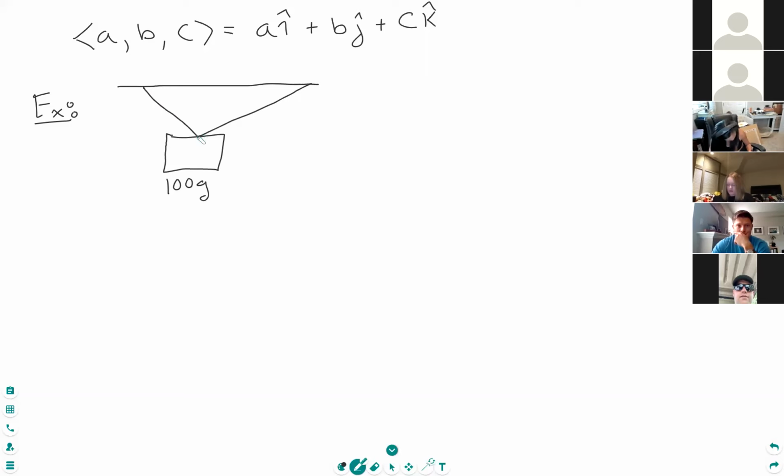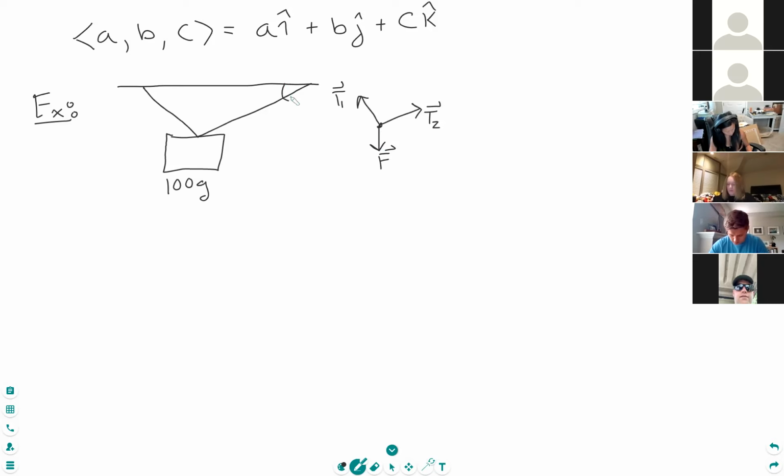So we're going to have some vector. We can even draw a force diagram here, where we'll have a vector that's pointed in this direction, a vector that's pointed in this direction, and then we'll have another vector here that we'll just call capital F.